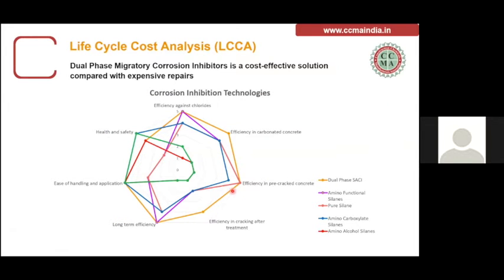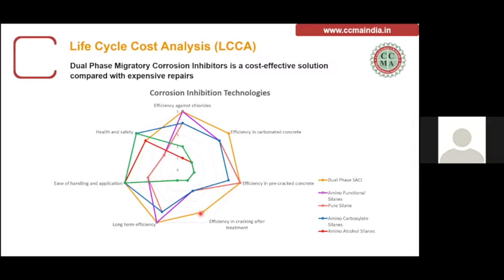In terms of technological advantages, the efficiency against chlorides is very high for the dual phase surface applied corrosion inhibitors. Efficiency in carbonated concretes is very high. The efficiency you already saw in pre-cracked concretes is very high in comparison to the different technologies that are there.